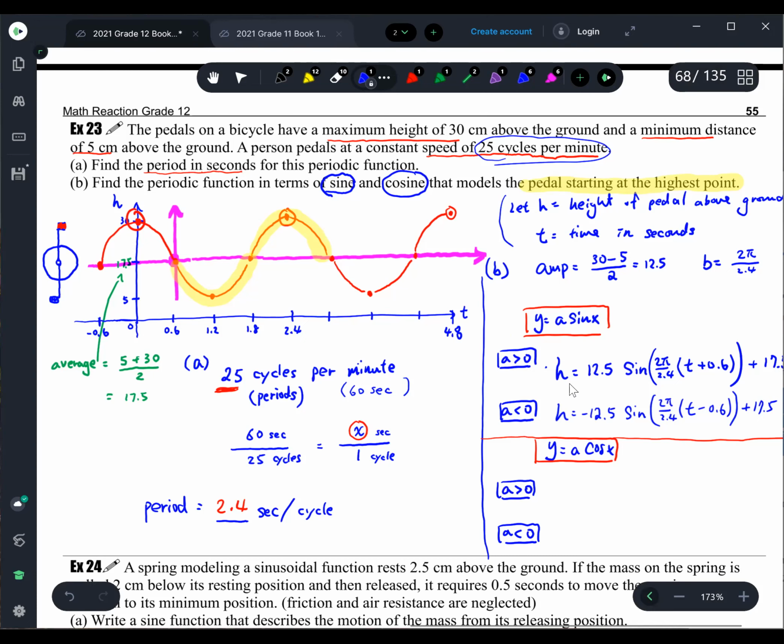So we are done with the sine: sine without reflection, and also with the reflection. Not too much change, right? You just make sure you flip the sign for A. We'll go to cosine.